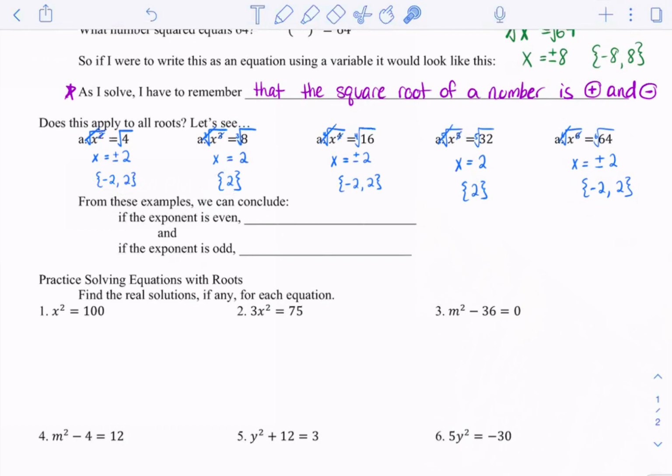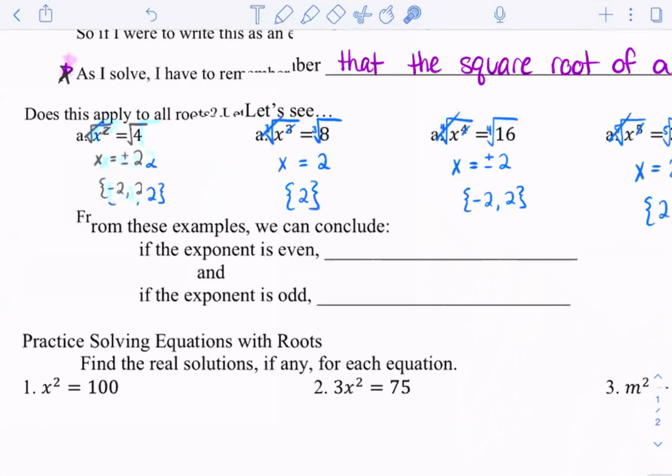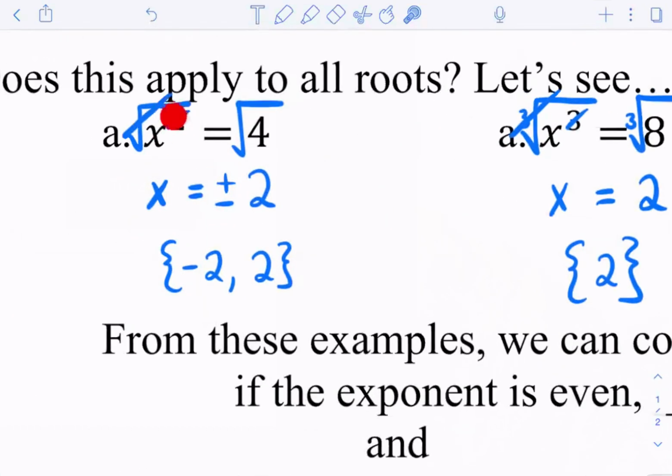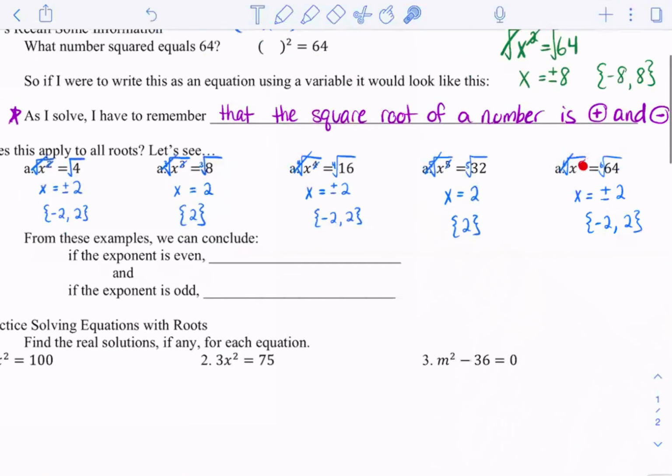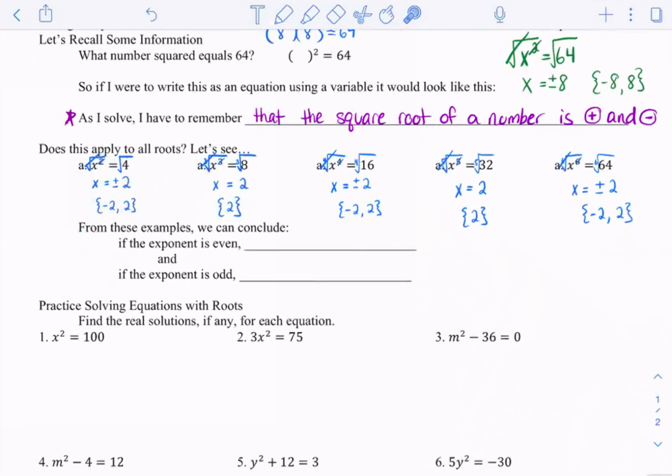So if you notice, every time the exponent was an even number. So here I had the number 2. Here I had the number 4. Here I had the number 6. Every time the exponent, the root, was an even number, my values were both positive and negative.